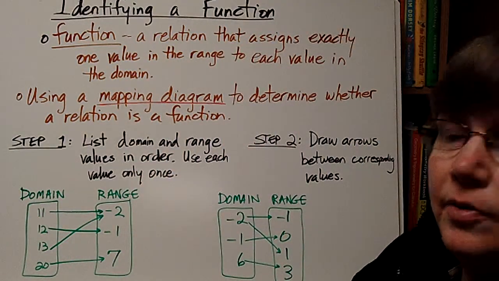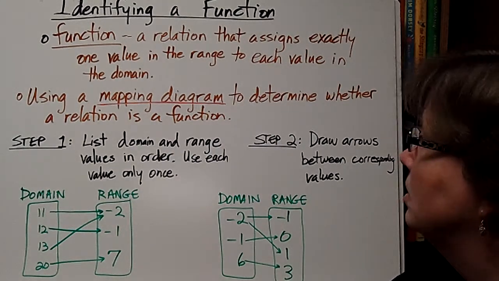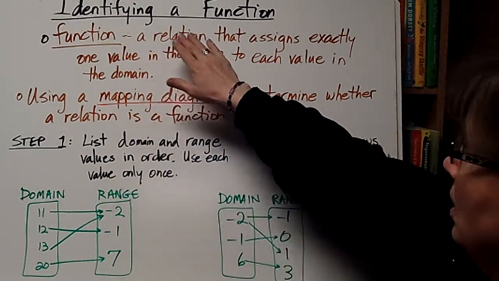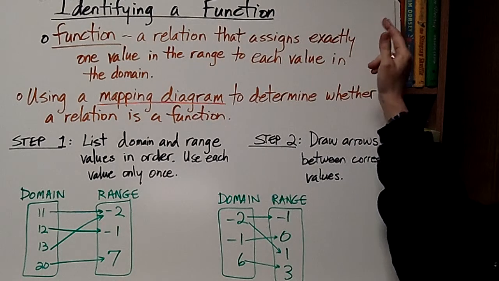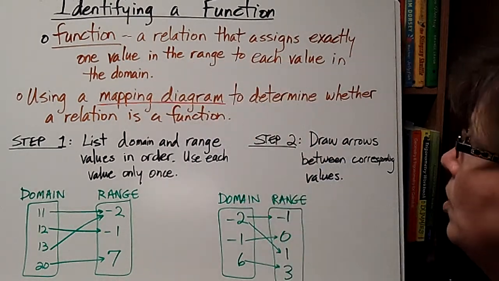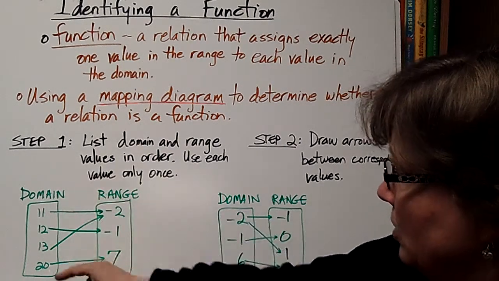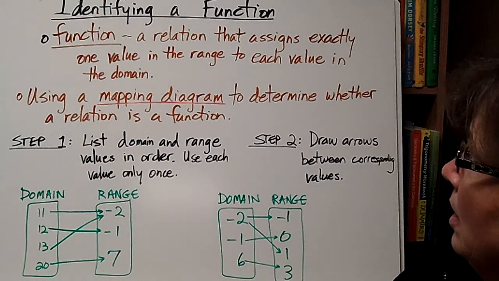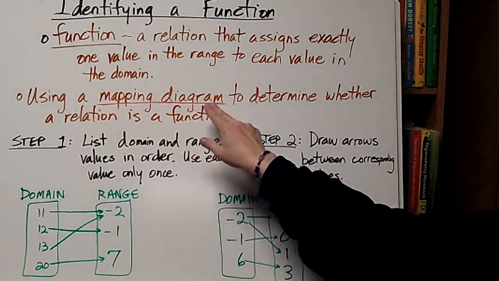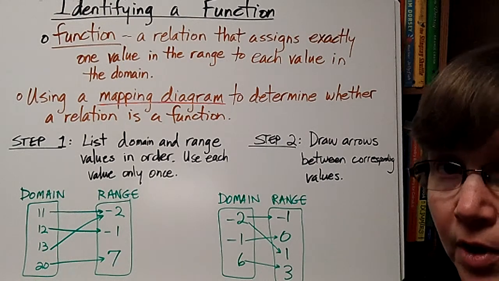To identify a function: a function is a special type of relation in which it's a relation that assigns exactly one value from the range to each value of the domain. You may want to think of it as you cannot repeat your x values. We're going to use in this slide a mapping diagram to determine whether a relation is a function.